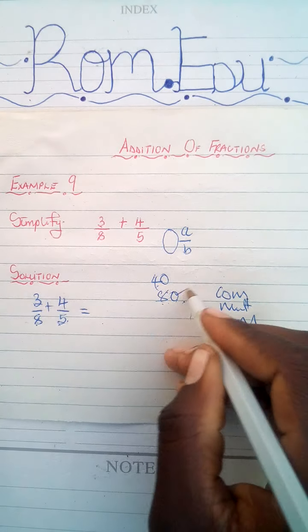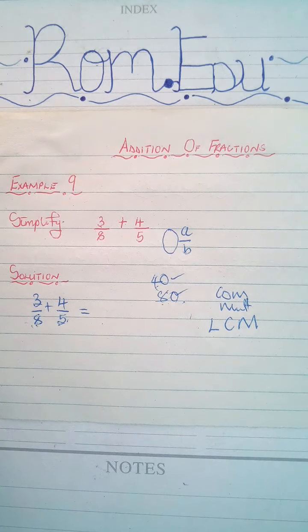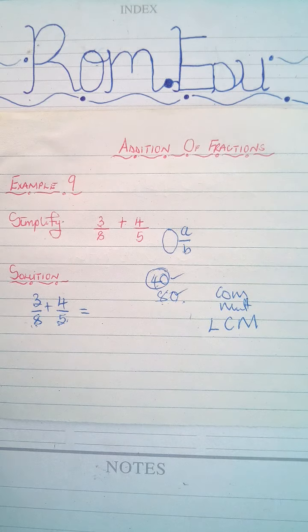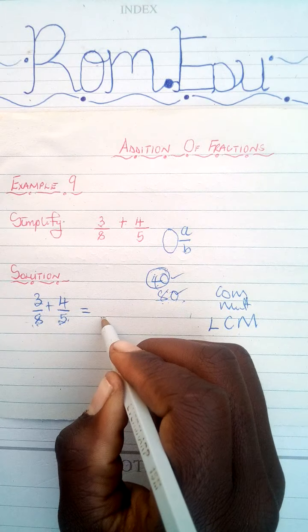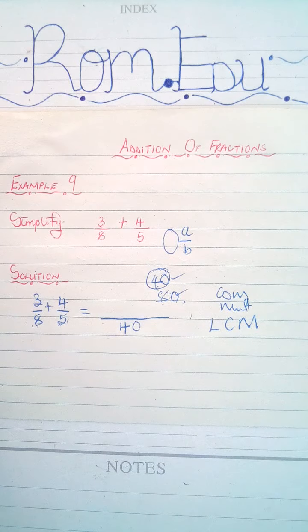So I can use 80, 40, or any other number that is divisible by 8 and 5. But remember, the reason we use the LCM is to simplify the problem in the easiest way. So I'm going to use 40 as my common denominator.